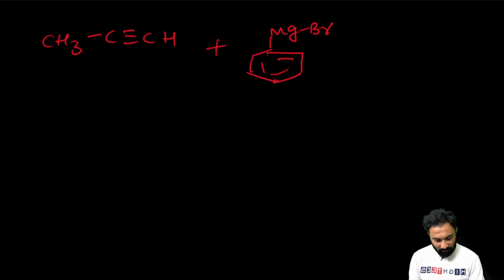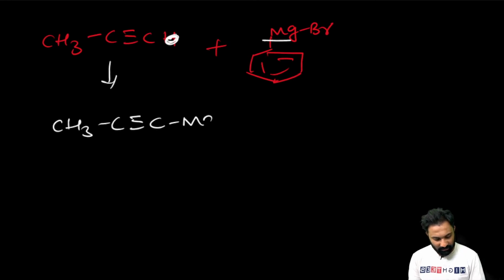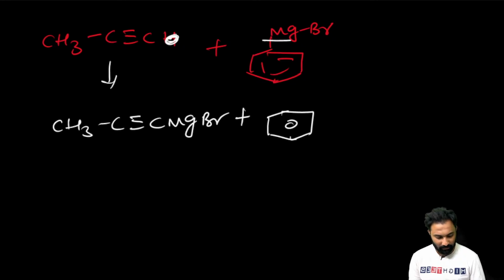Now in this propyne, we know this is an acidic hydrogen. The Grignard reagent will go and attack, then this one will become the MgBr, and the by-product we get is benzene.